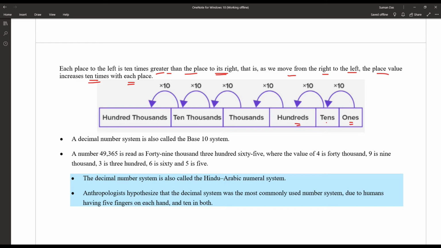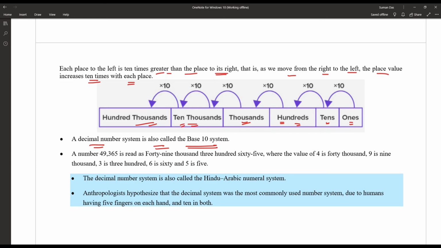Hundreds is the multiple of 10 of tens. Thousands is the multiple of 10 of hundreds. Thousands' 10th multiple is the 10,000s. 100,000s is the 10th multiple of 10,000s. So the decimal number system is also called the base 10 system.